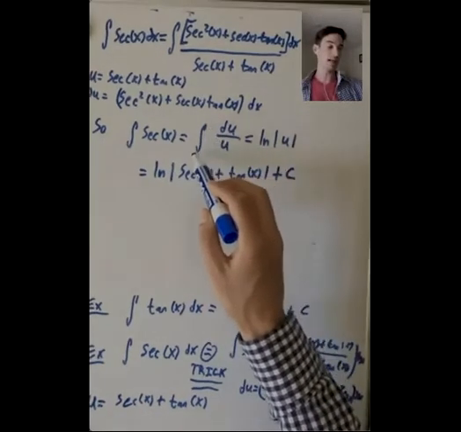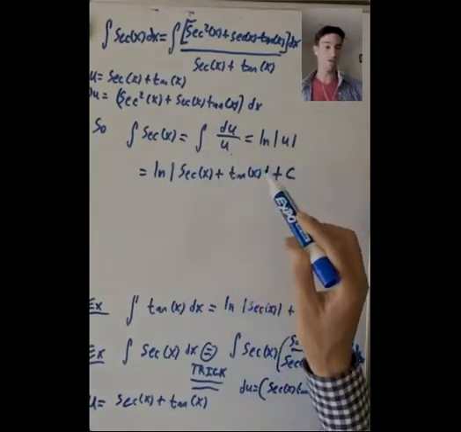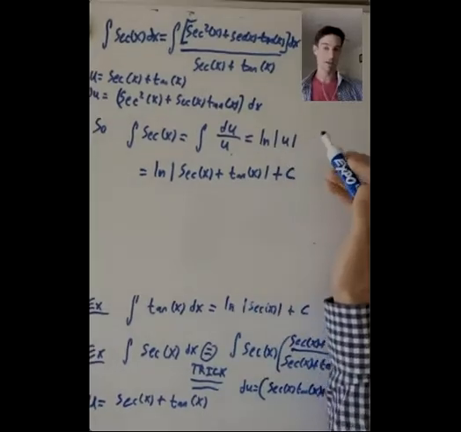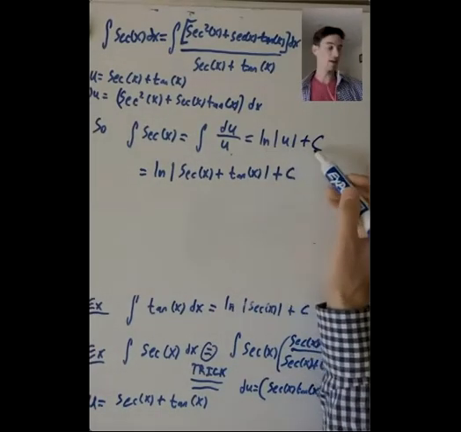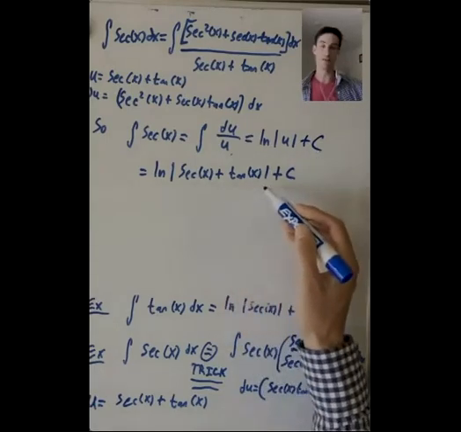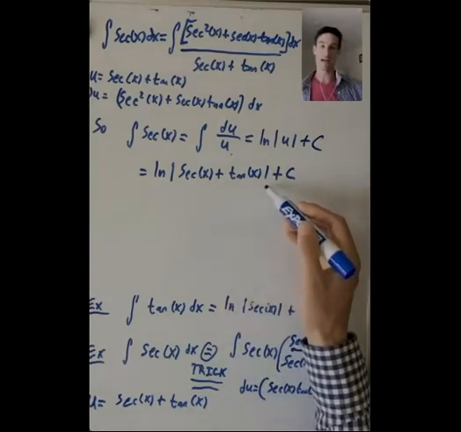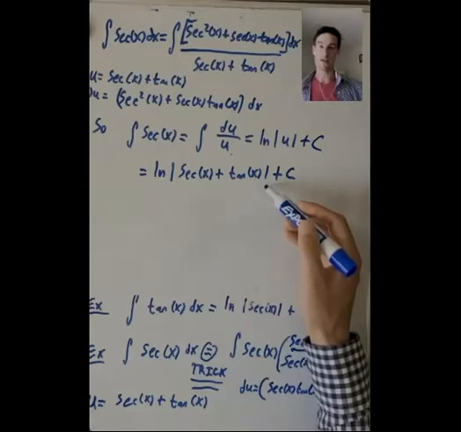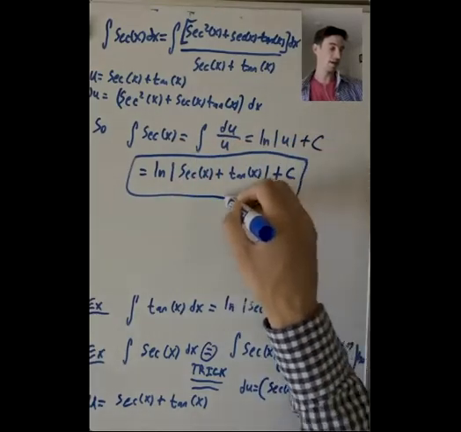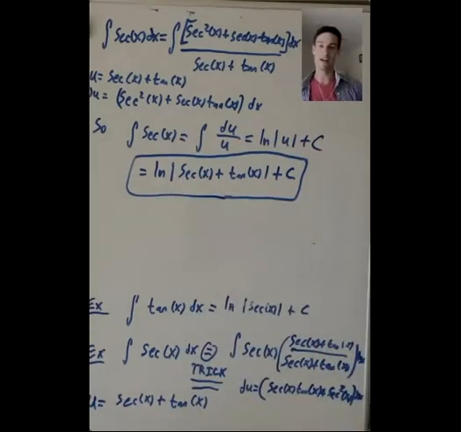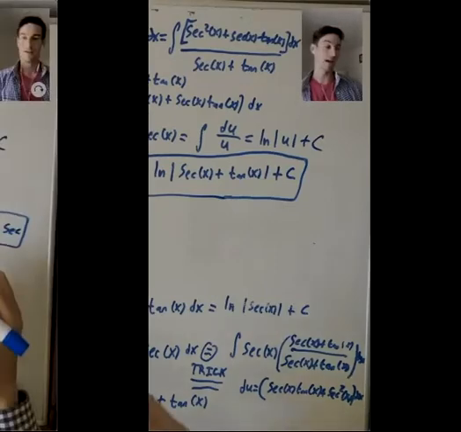We get exactly the integral of du over u. We know an antiderivative is natural log of the absolute value of u plus c, and now we substitute back in. We get natural log of the absolute value of secant of x plus tangent of x plus c. And that is our final answer for the integral of secant of x.